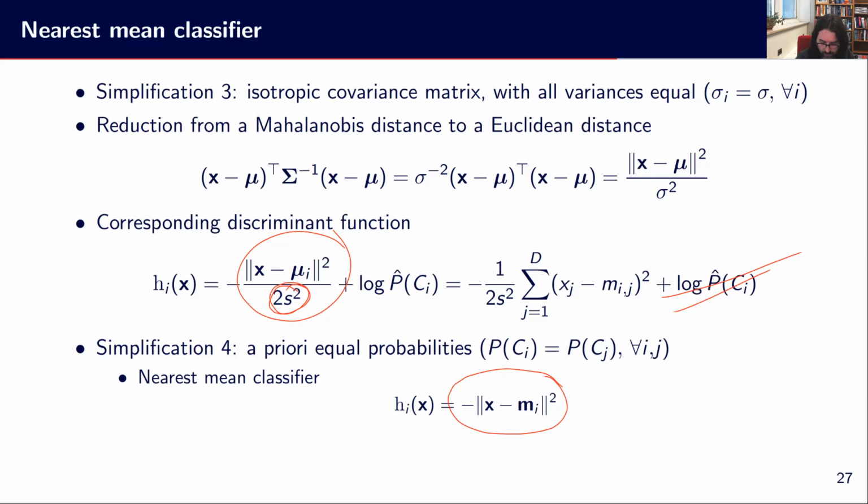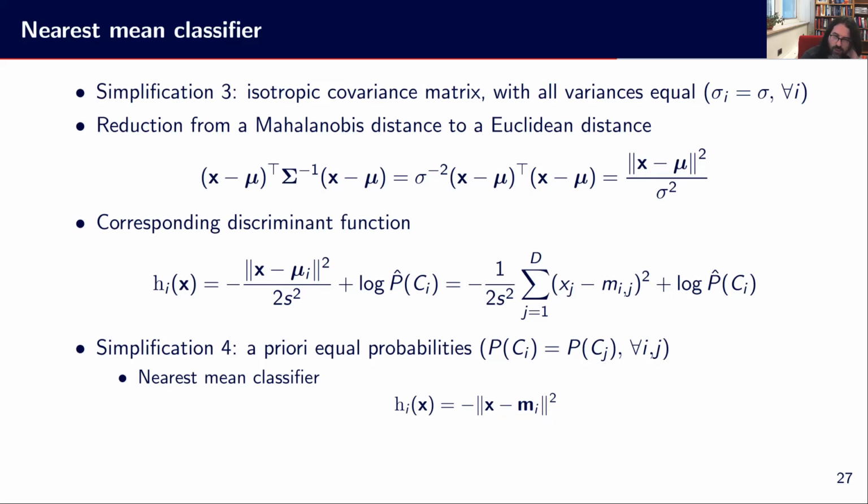So this is what we call the nearest mean classifier, because basically it is computing the Euclidean distance between the X and the mean of class i, and we do this for all means, so all mean values for all classes. And we use the square value because it is simplifying, it is not that important.